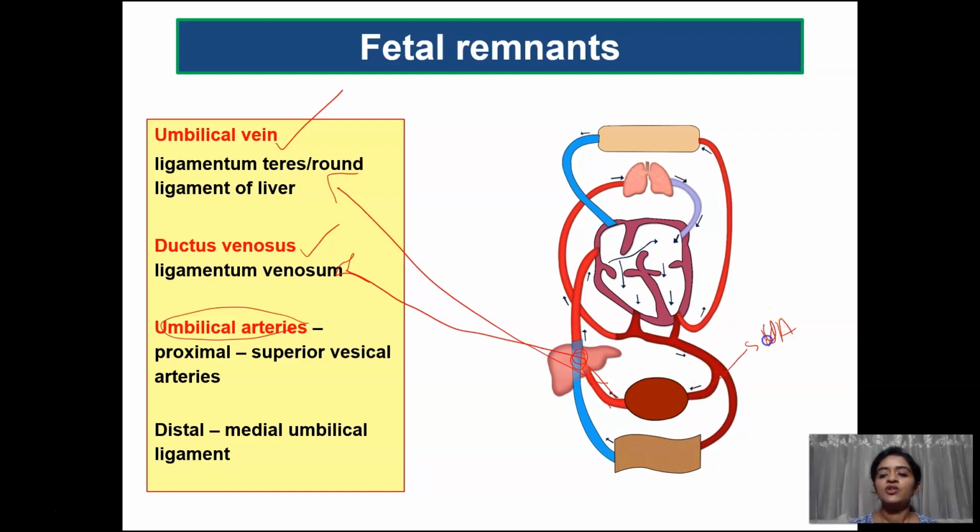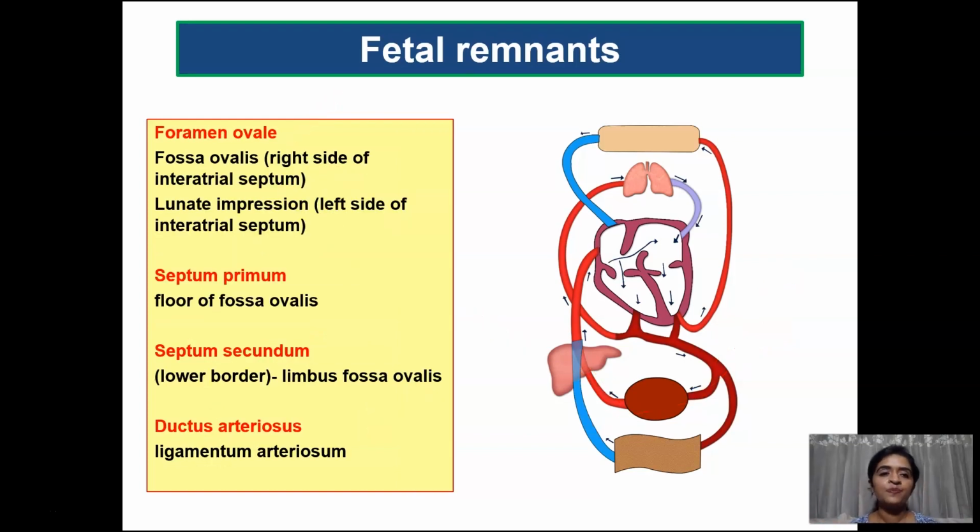The proximal portion, this small portion, will form the superior vesical artery, and the distal portion will be seen as a ligament known as the medial umbilical ligament. Since we have two umbilical arteries, you will get two medial umbilical ligaments. But since we have only one umbilical vein, you will get only one round ligament of liver.